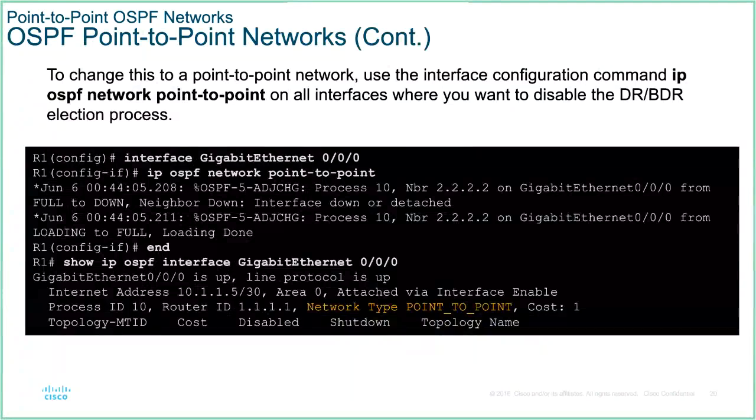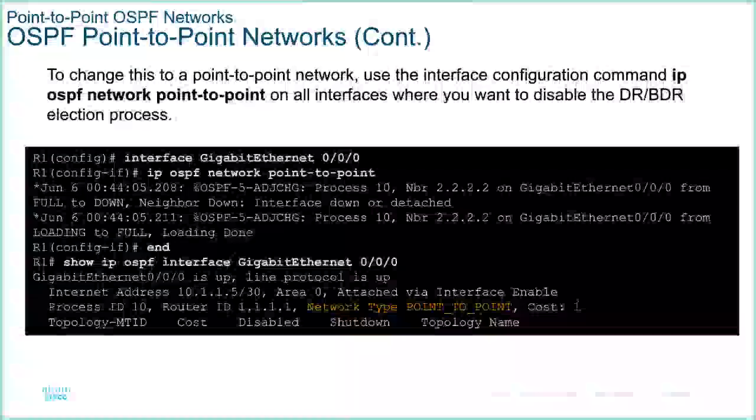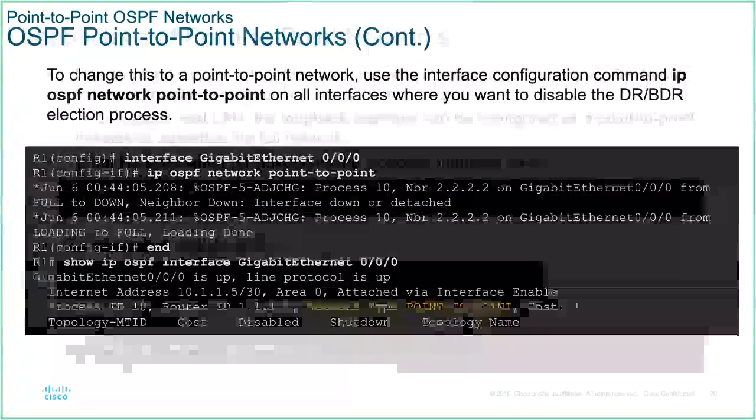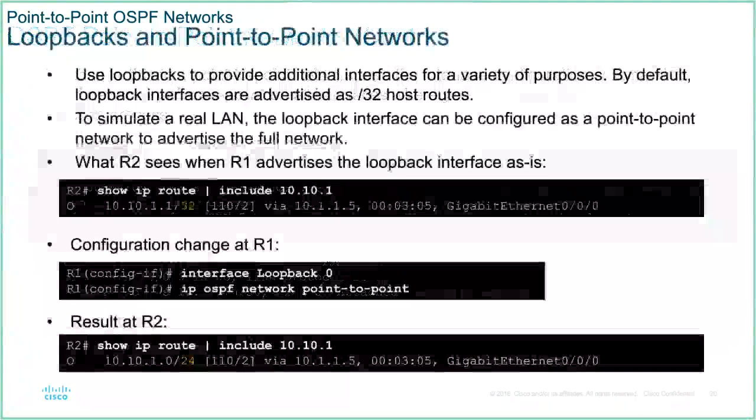What this does is it disables the election routine, because as a point-to-point, there is only one other device that it needs to send the information to, and it doesn't need to do an election. So we're saving resources and speeding up the process, and it also changes the way it communicates.